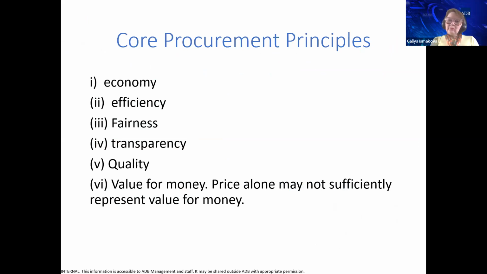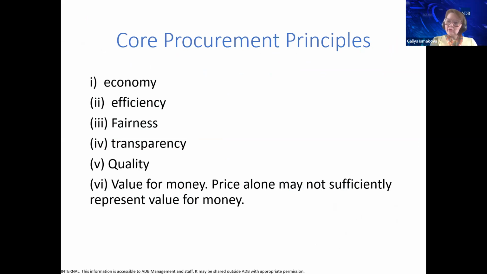So the core procurement principles of ADB procurement policy are economy, efficiency, fairness, transparency, quality, and value for money, where price alone may not sufficiently represent value for money. As you may have been aware, the ADB consulting guidelines have always stipulated quality as one of its core procurement principles.